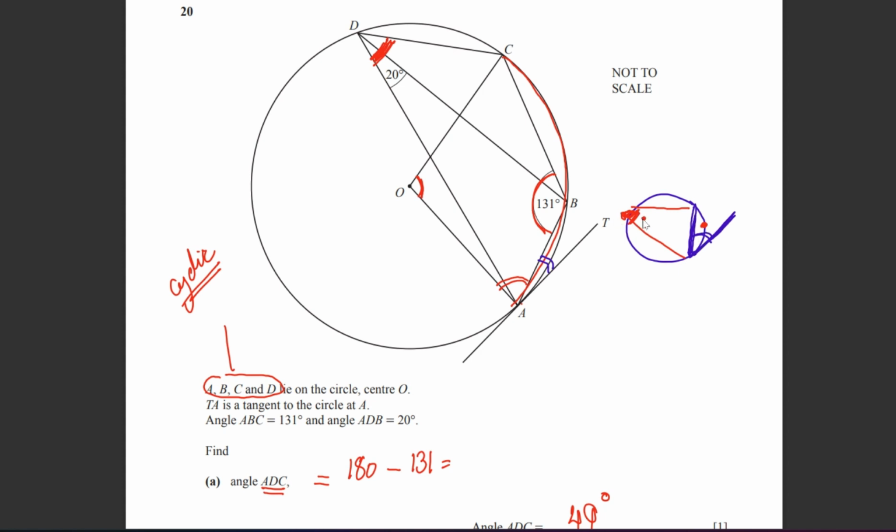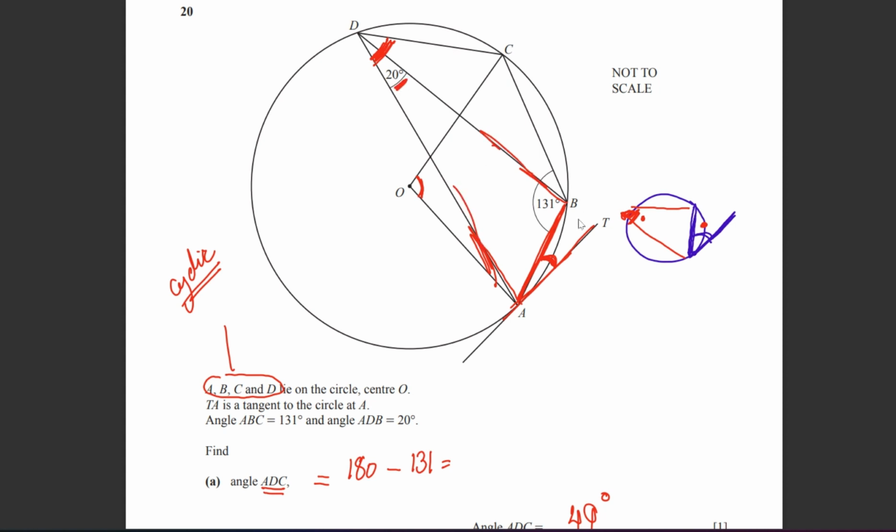So if I have this chord, and this is the tangent, so this is the angle of tangency. If this is the chord, where is the angle opposite to the chord? It is this. So if this is 20, this also will be 20.